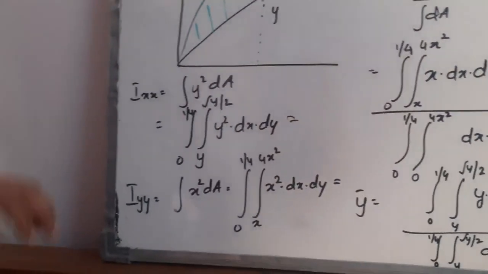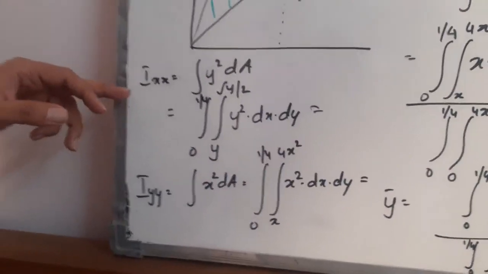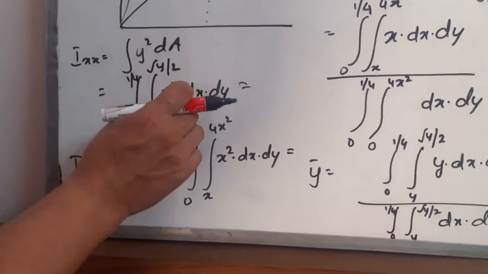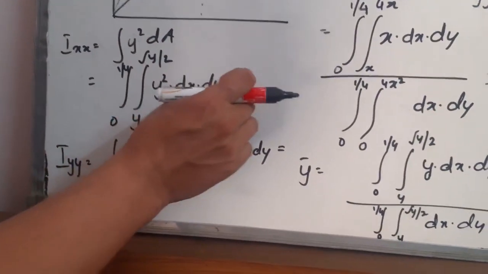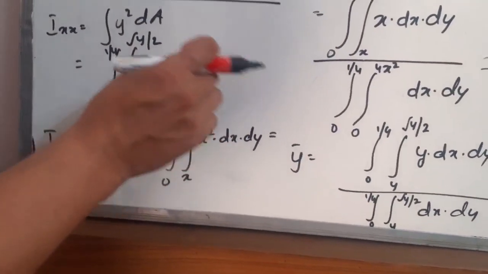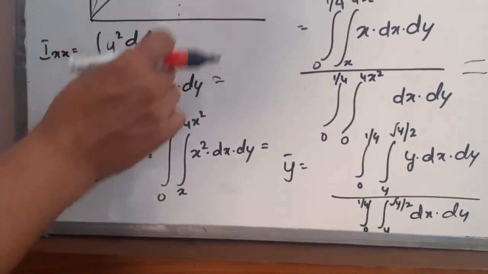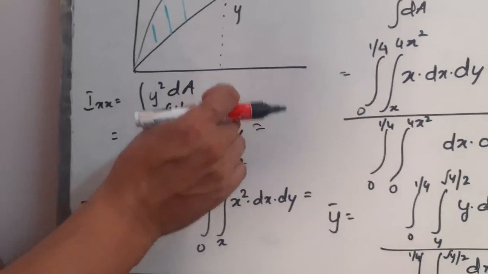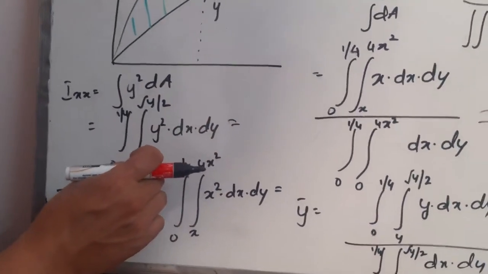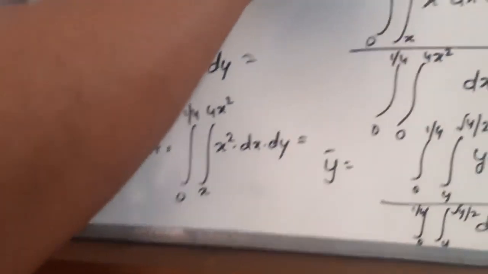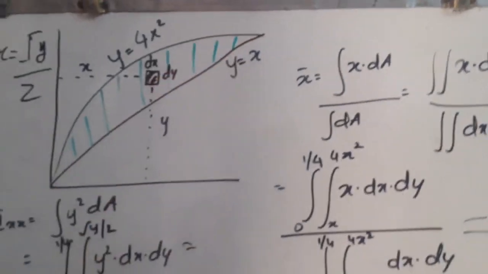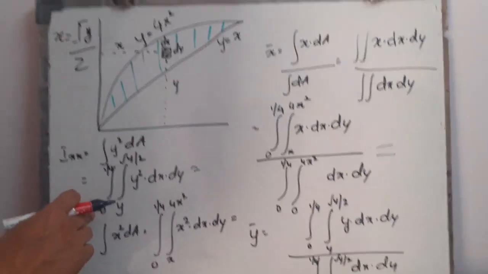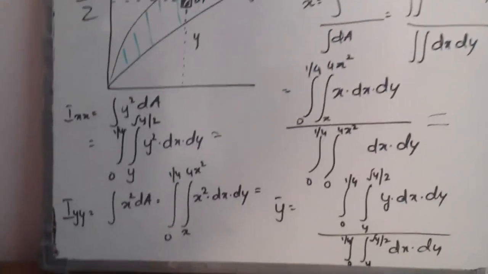Now come to the determination of Ixx. Ixx is integral y square dA. Putting into the standard form, we get y square here, and dx into dy is the elemental area. Now for the limits of integration, x will be integrated first, so x varies from y to under root y by 2, as we have done in the centroid problem, and y varies from 0 to 1 by 4.